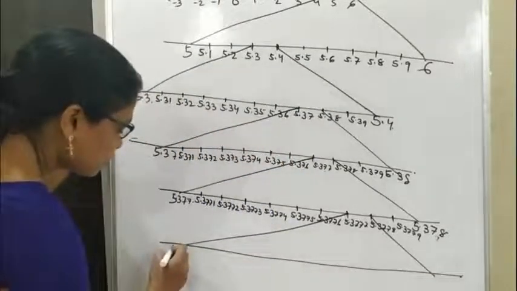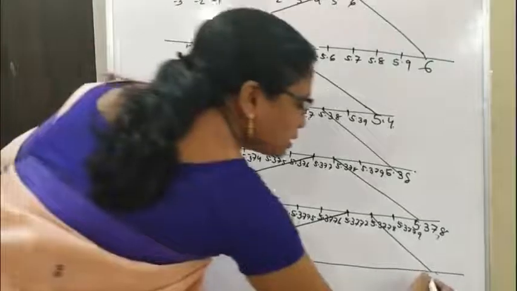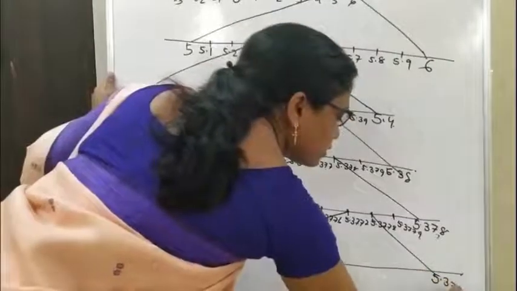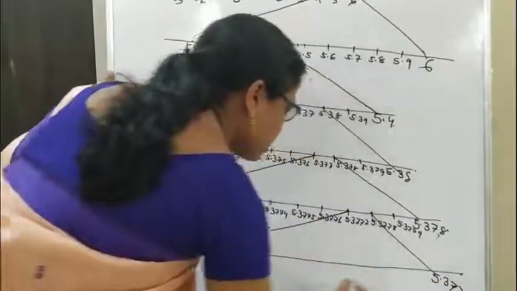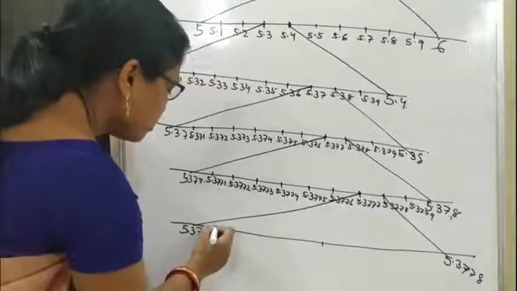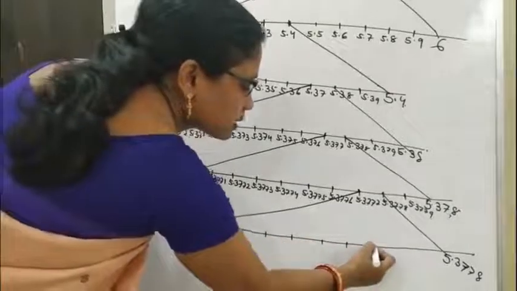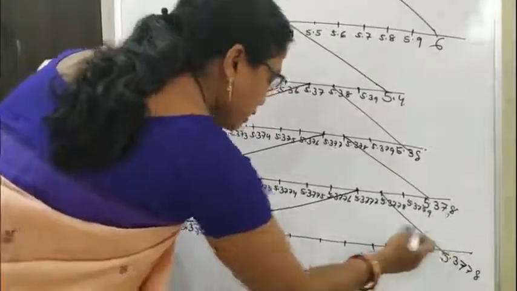Again we have to magnify this. So this is 5.3777 and this is 5.3778. We have to divide it into 10 parts. 1, 2, 3, 4, 5, 6, 7, 8, 9 and 10.